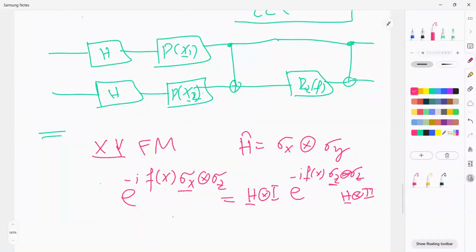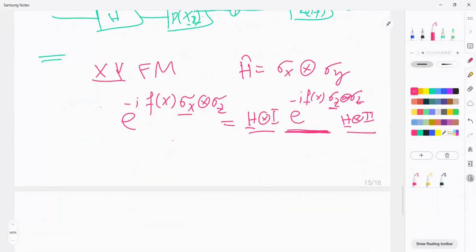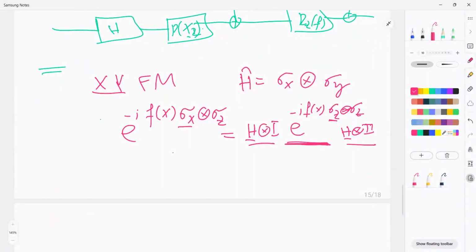So if you can implement this ZZ feature map, all other feature maps are almost like this feature map if we are talking about two-qubit maps, because up to this unitary, they're essentially the same. That's why the ZZ feature map is very popular: once we have it, we're essentially implementing other feature maps as well.